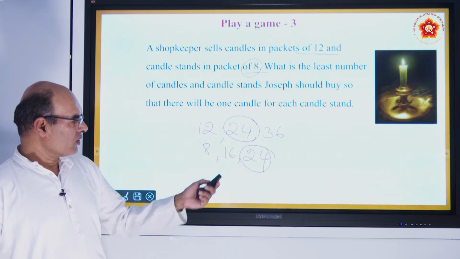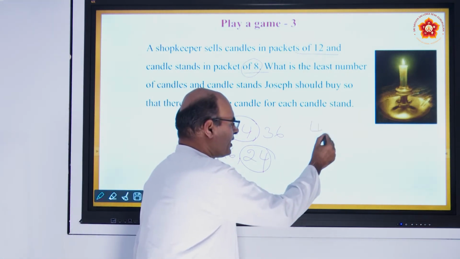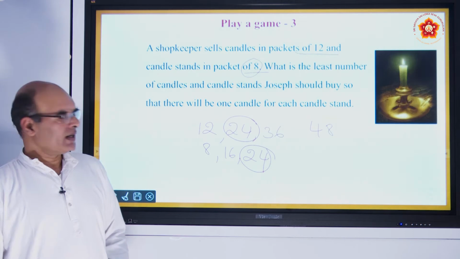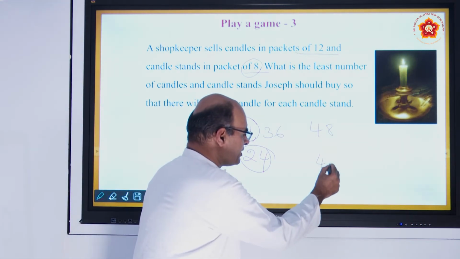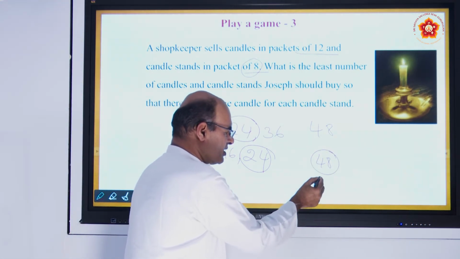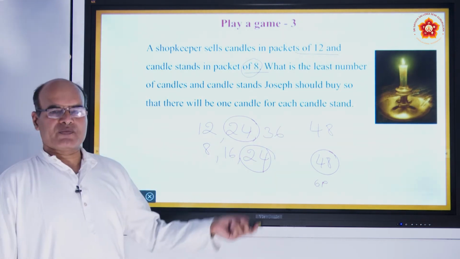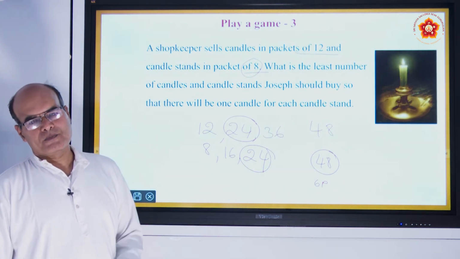Not only 24, you can purchase 48 candles, that means 4 packets of candles, and 48 stands, that means 6 packets of stands. Then also you get a stand for each candle.